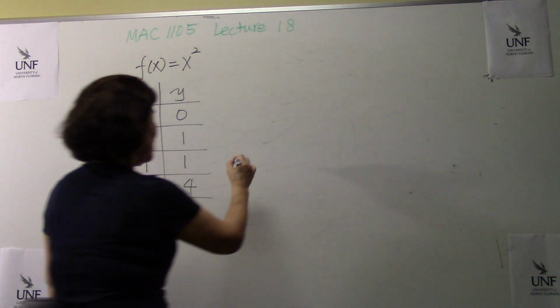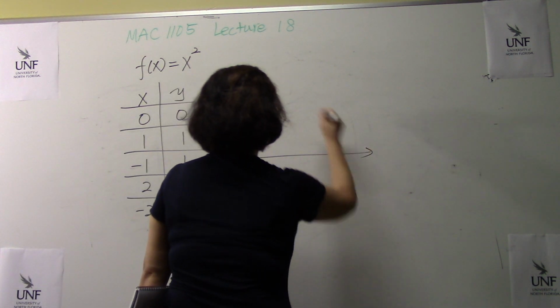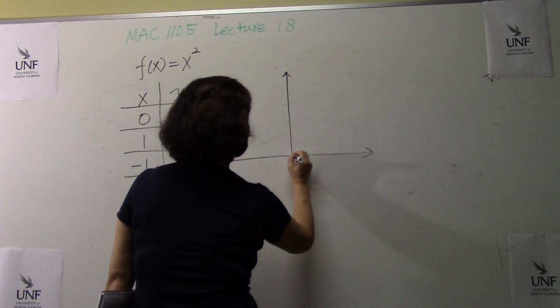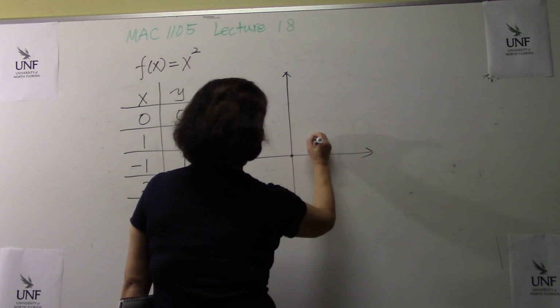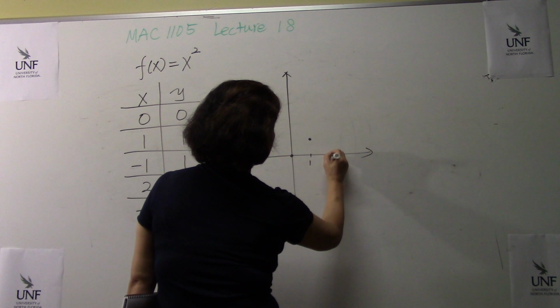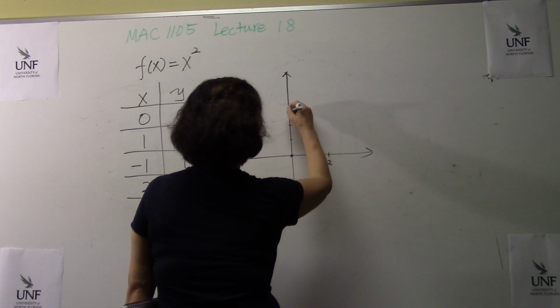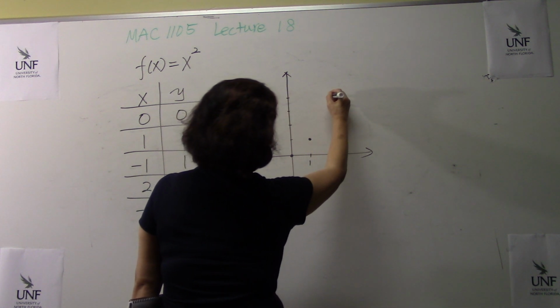What kind of graph do we expect? It's not going to be a straight line. Let's plot (0, 0), (1, 1), and here is 2, and 1, 2, 3, 4 over here.